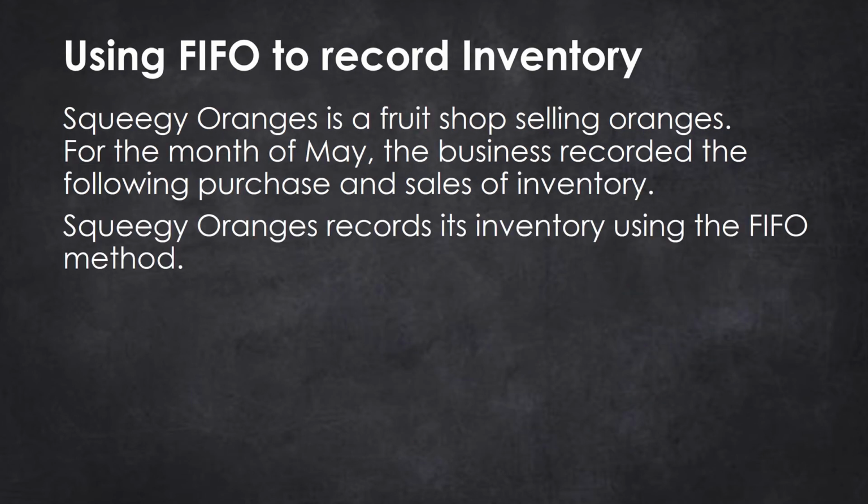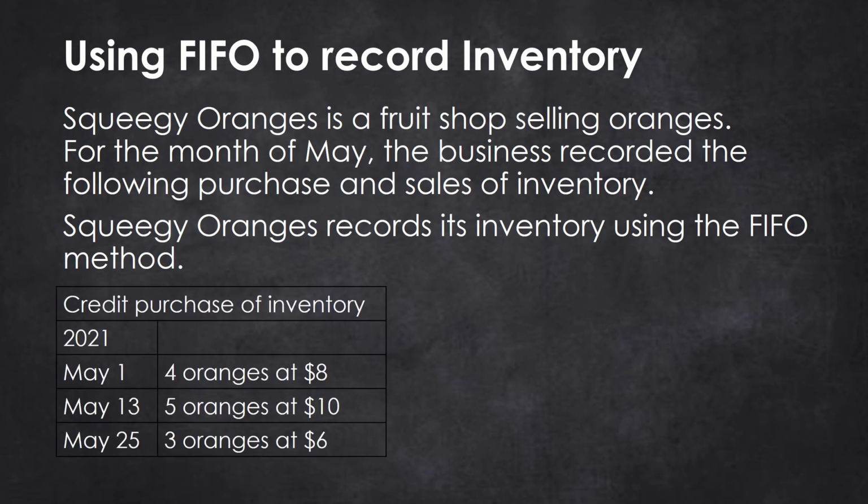Now let's take a look at an example of using FIFO, or first in, first out, to record inventory. My business is Squeegee Oranges and I am a fruit shop selling oranges. For the month of May, the business recorded the following purchases and sales of inventory. I record my inventory using the FIFO method.